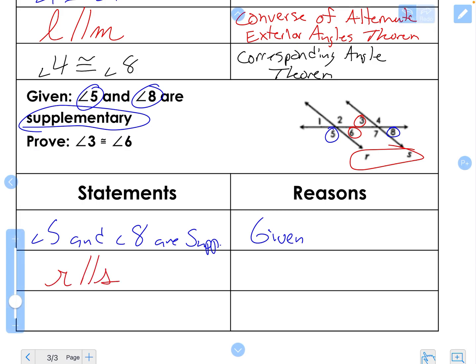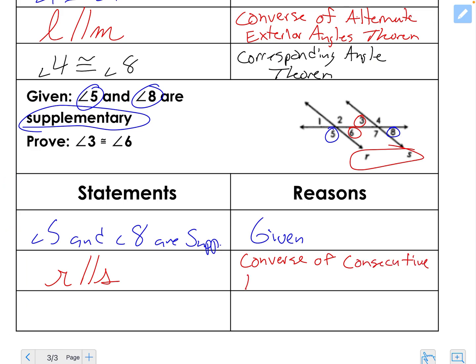If I'm looking at 5 and 8 and I'm given that 5 and 8 are supplementary, I need to use the converse of the consecutive exterior angles theorem.